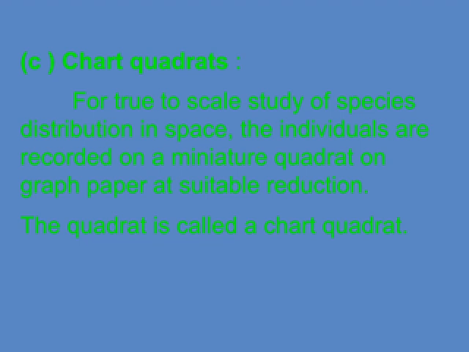The key idea here is that by doing this on graph paper, we can analyze the spatial distribution more easily and accurately. This method is particularly useful because it gives us a clear visual record that can be scaled back up if needed. Overall, chart quadrats are a valuable tool for detailed, spatially accurate studies of species distribution, helping us understand how organisms are arranged within their environment.